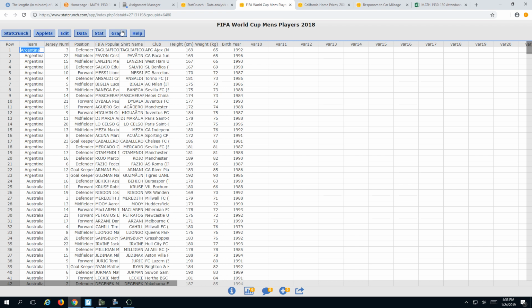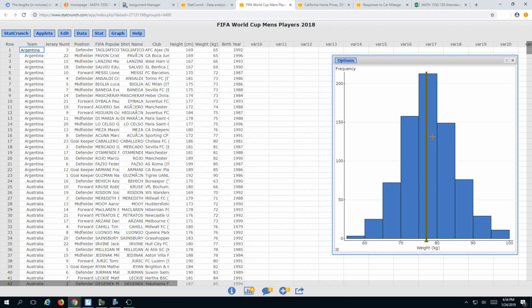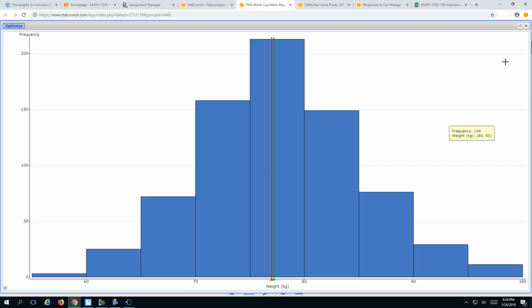So I'm going to make a histogram of the weights of these soccer players. And StatCrunch will let you put in these markers for the mean and median. So it's going to show us where the mean and median are in the histogram. And the mean is going to be green and the median is going to be red. So that's what it looks like.